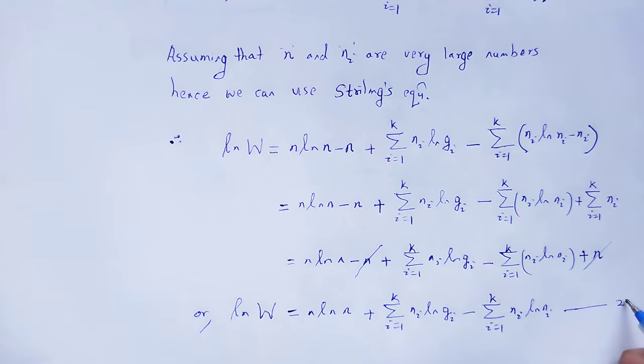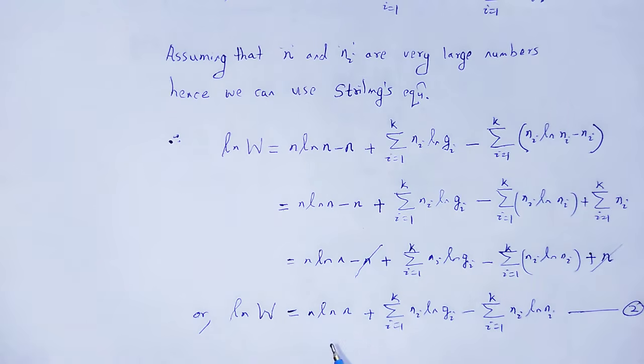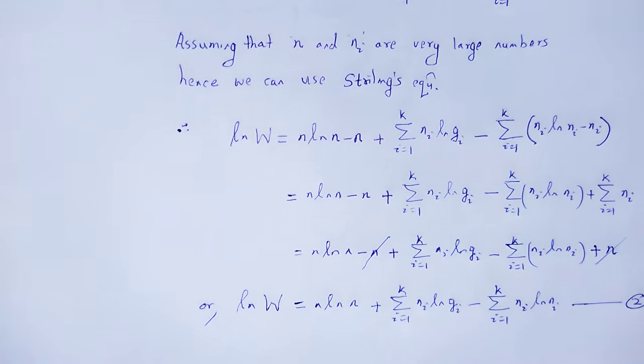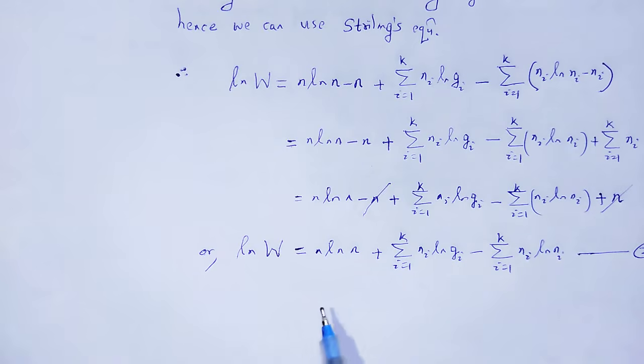And this is equation number 2. Now we can differentiate it. In the differentiation, here N and Gi are constants. N is the total number of molecules, Gi is the number of elementary cells of the ith particle.